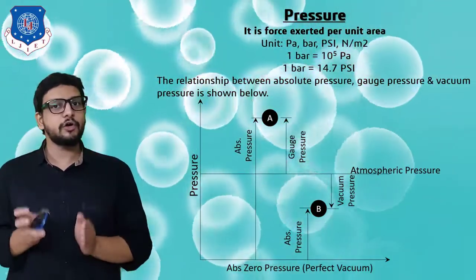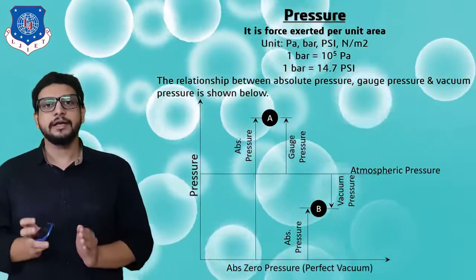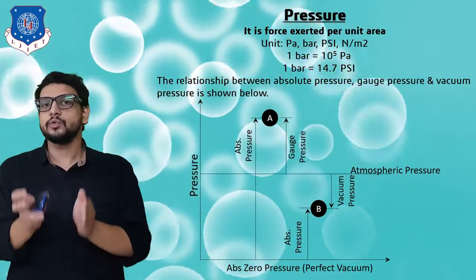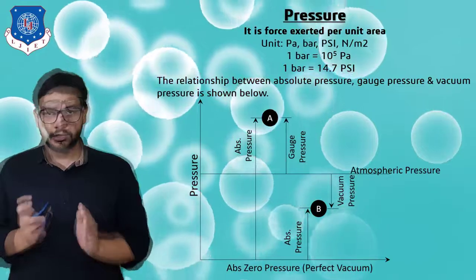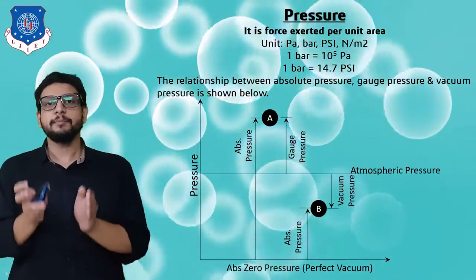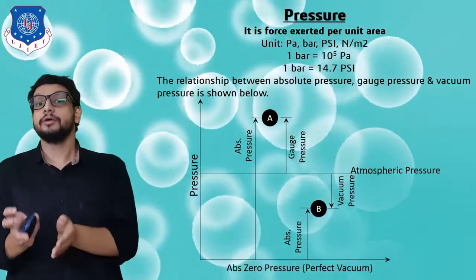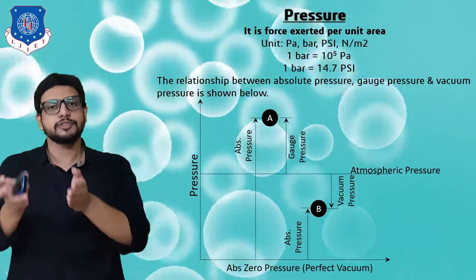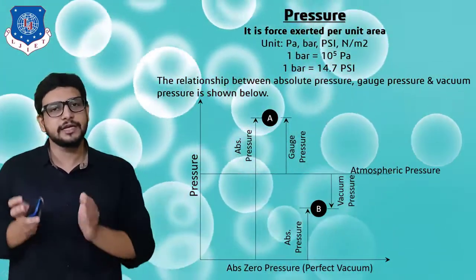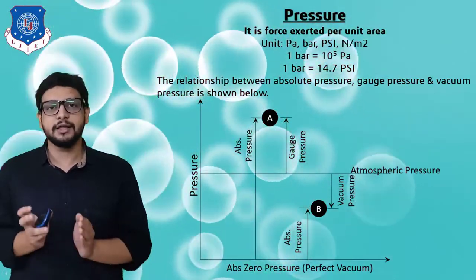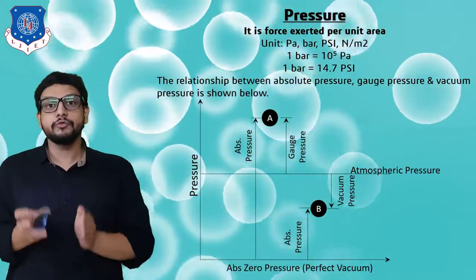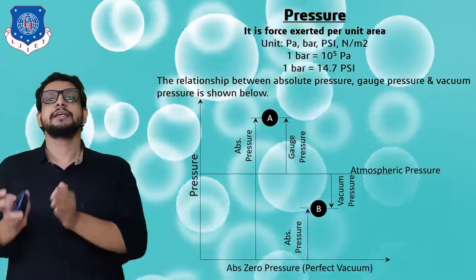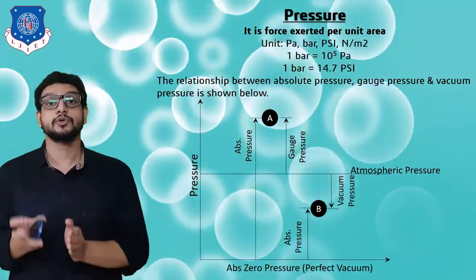Now the conversions you also need to keep in mind: 1 bar is equal to 10 raised to 5 Pascal, and 1 Pascal is equal to 1 Newton per meter square. The formula of pressure is P equal to force upon area, so we get Newton per meter square. Similarly, 1 bar is equal to 14.7 psi, pound per square inch.